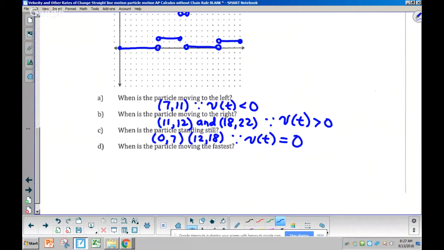That's asking when the speed is the highest. So that's going to be between 11 and 12. I would probably say since speed has a max at this point.